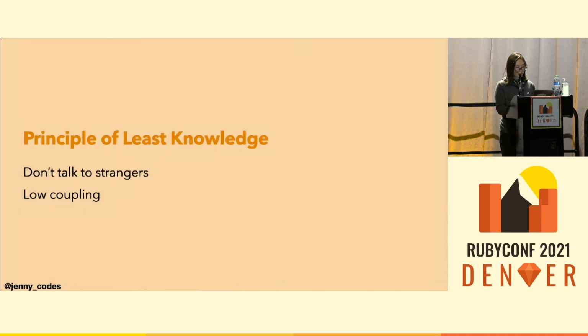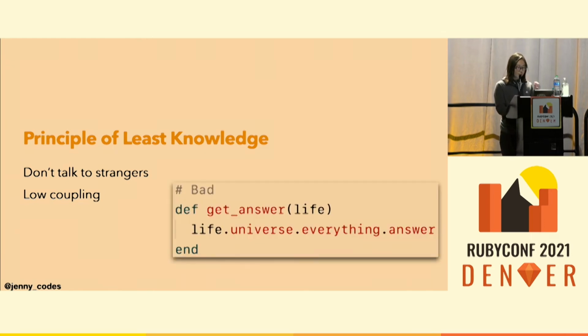So the principle of least knowledge tells us that we should try to achieve low coupling by only talking to our immediate neighbors. The example that we just saw uses a method chain, and that's usually a sign that we are violating the principle of least knowledge.